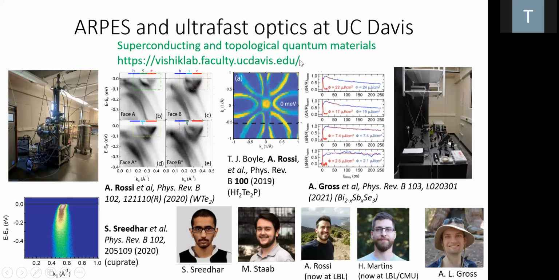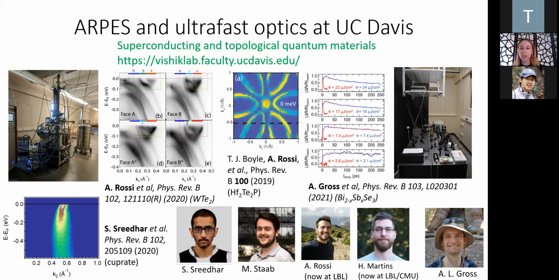So what I'll be discussing in this talk is going to be a combination of research my group does and research my group does not do. Because of that, I want to begin with research that my group does do. We have two experiments in my lab, ARPES, which I'll discuss in this talk, and ultrafast optics, which I'll not discuss in this talk.